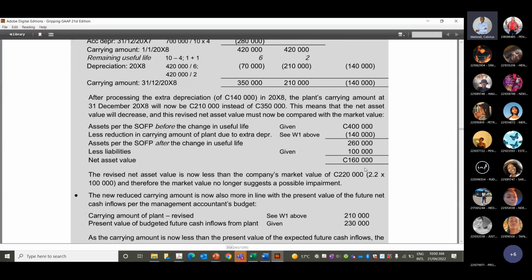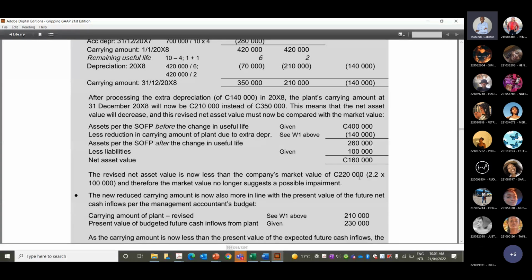And this revised net asset value is 160,000. But the market value of the company was 220,000. So something higher than the net asset value no longer suggests that the assets are impaired.